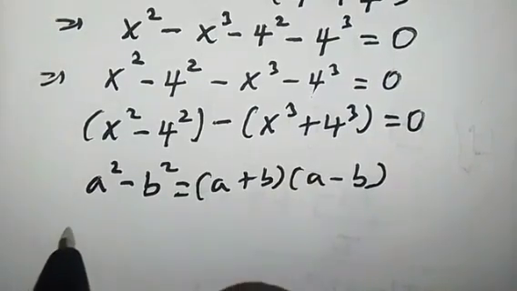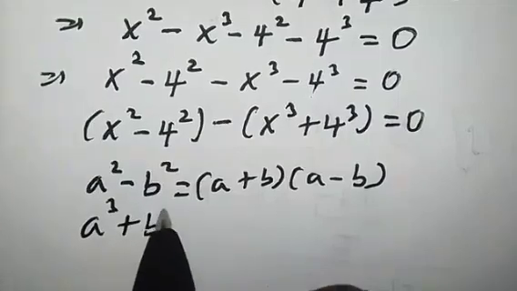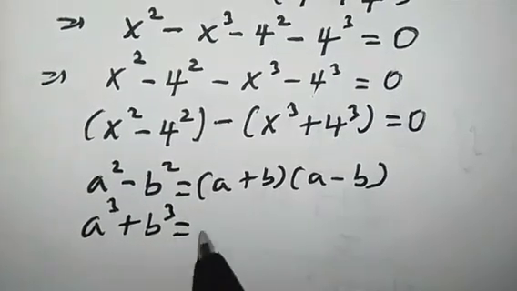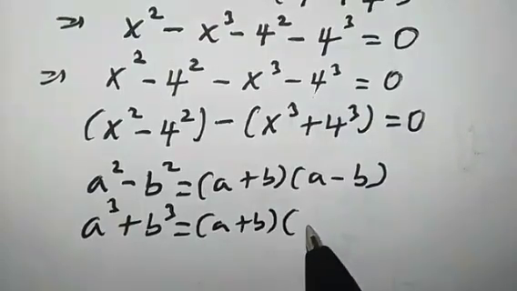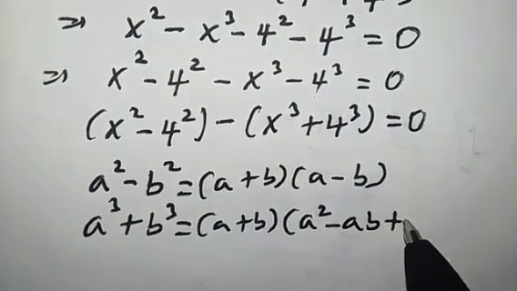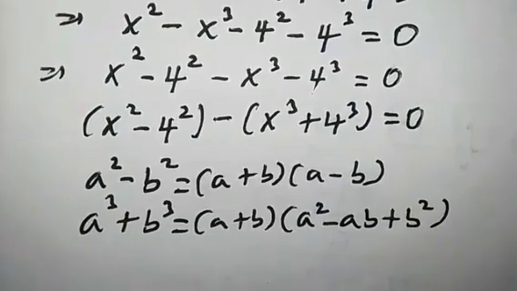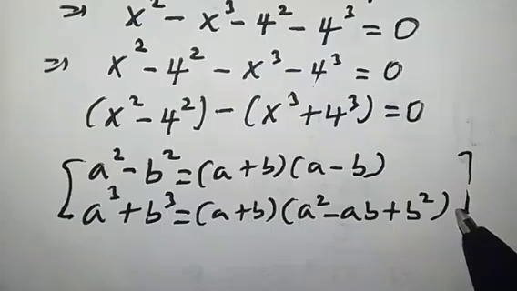It says a to the power of 3 plus b to the power of 3 is equal to a plus b times a square minus ab plus b square. So take note of these two beautiful properties, very important.